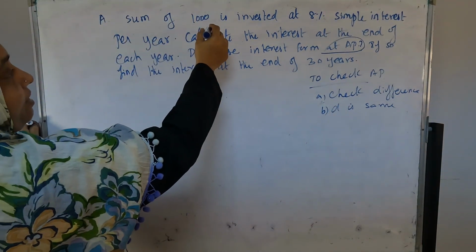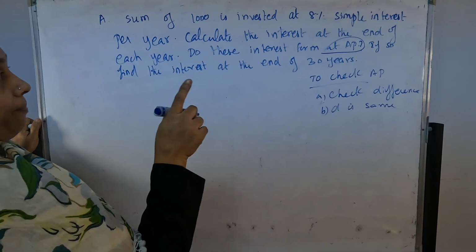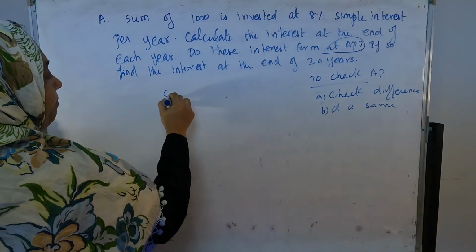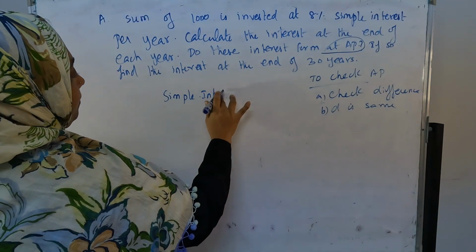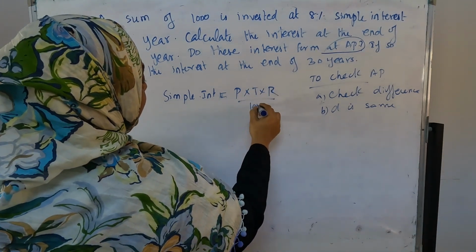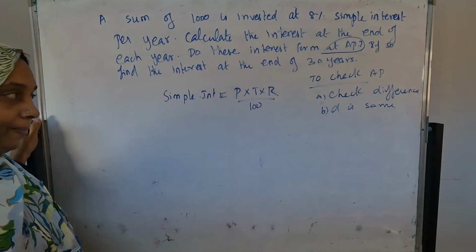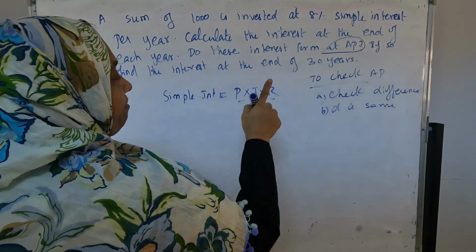So first, what they have given: a sum of 1000 is invested at 8%. What is the formula for simple interest? Simple interest formula is PTR by 100. P is the principal amount they are depositing, T is the time, that means years, and R is the rate of interest.